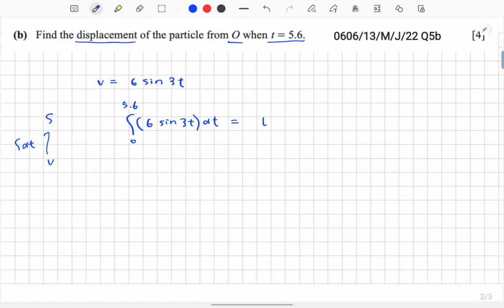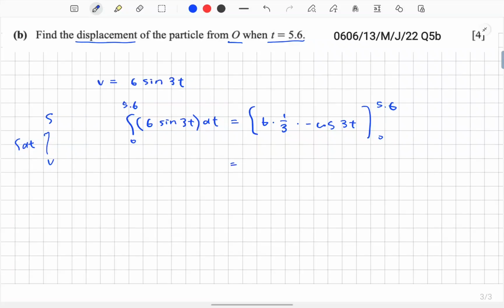The constant remains here, and in differentiation we multiply the 3 to the front. So as an inverse operation, we will divide by 3 instead. The integral of sine 3t is negative cosine 3t, and we'll evaluate this integral from 0 to 5.6.